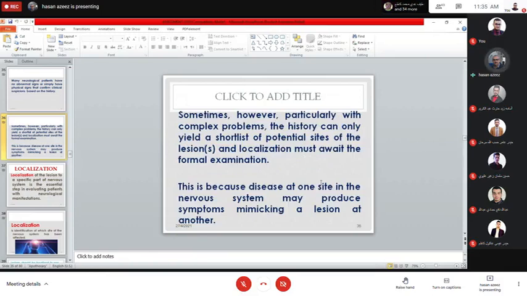Sometimes from history we can yield a short list of potential sites of the lesion. But in other patients, localization must await formal examination, because disease at one site in the nervous system may produce symptoms mimicking a lesion at another.